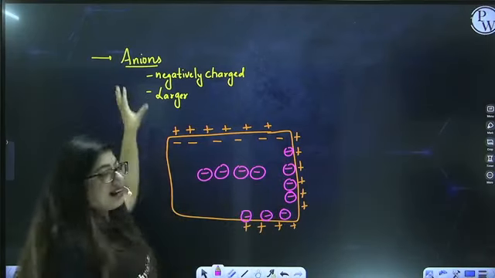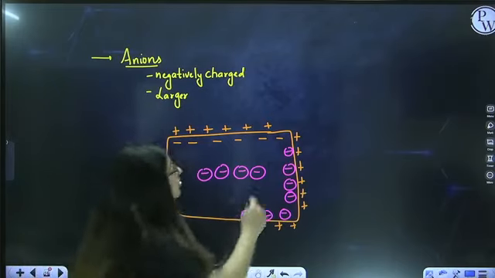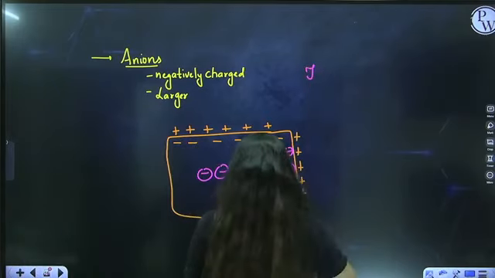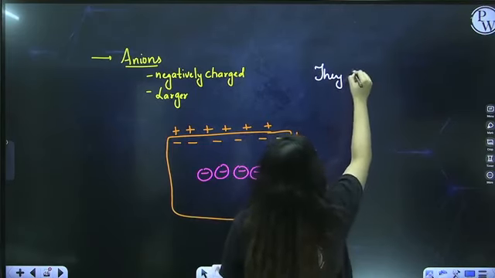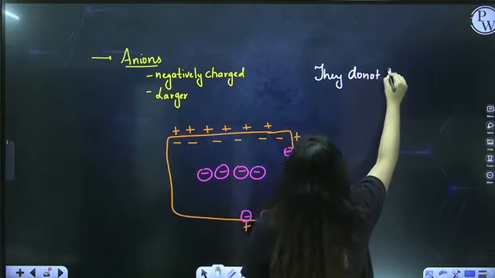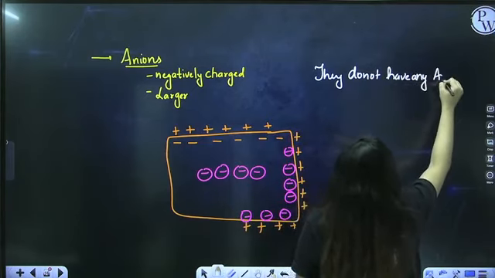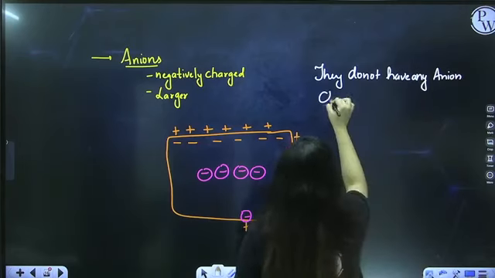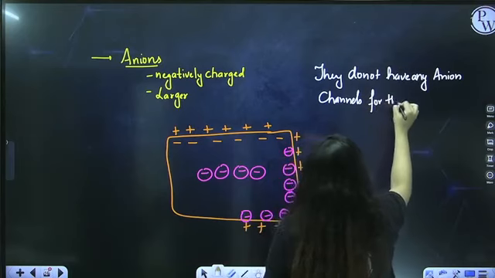So we say that these anions are negatively charged. They do not, let me just write it with another color, they do not have any anion channels for their movement.